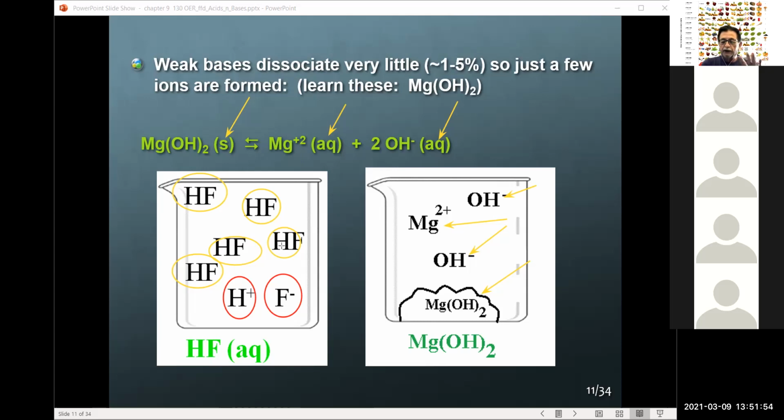Now, when I say insoluble, it doesn't mean 100% that nothing goes in solution. Insoluble just means that the majority of the material does not go in solution. It stays intact. You may get 1 to 5% in solution, a few molecules in ionic form.